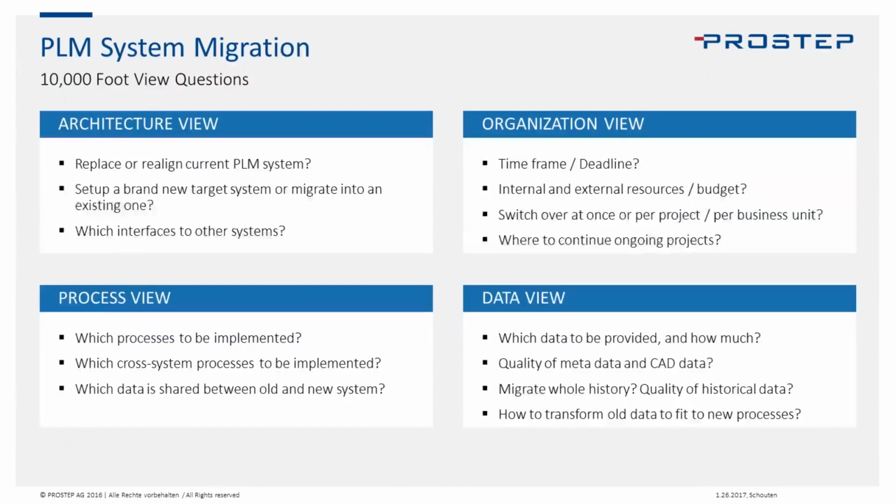So first, a big overview of PLM system migration. It's a concept of what kind of questions you need to raise in order to start to be prepared for these types of migrations. Are you going to another of the same system, or realigning to a new system? What other third-party interfaces might exist for that?